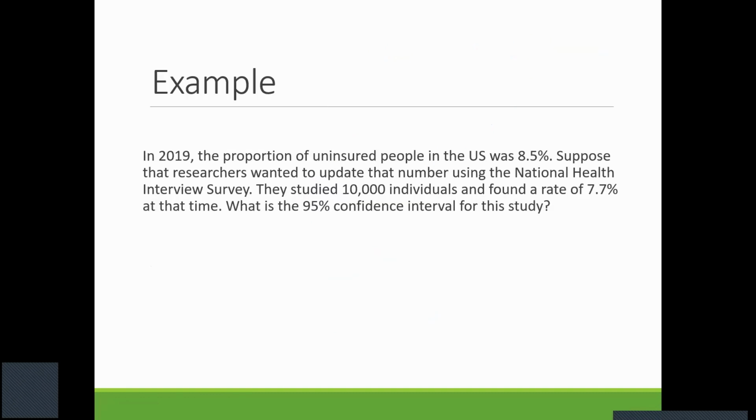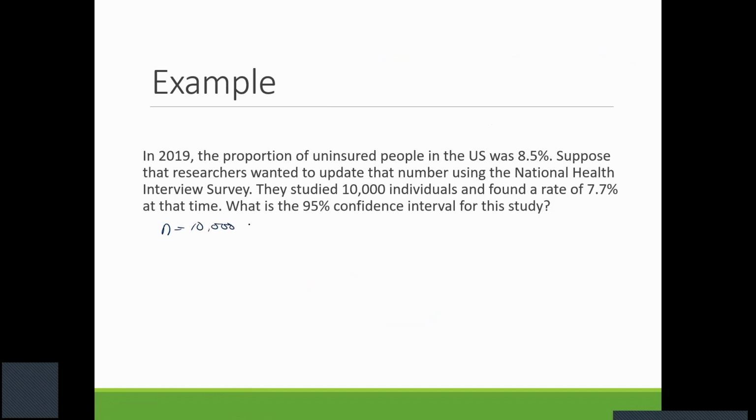So here's an example. In 2019, the proportion of uninsured people in the US was 8.5%. We're going to pretty much ignore that for now, but we'll come back to that later. Suppose researchers wanted to get a number for an update, and so they studied 10,000 individuals. So N is pretty big here.